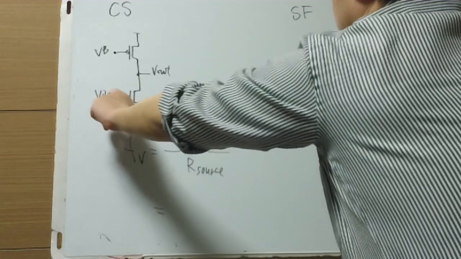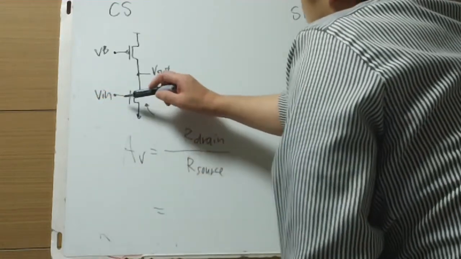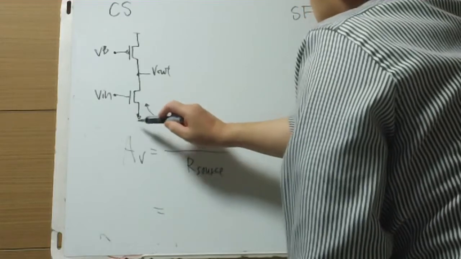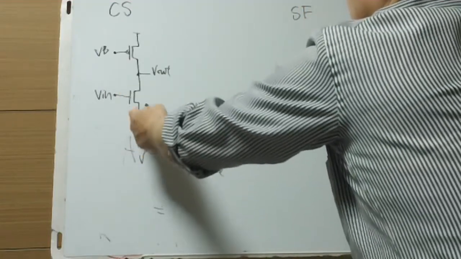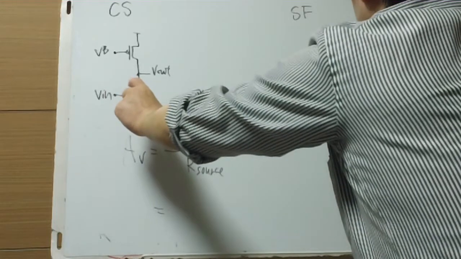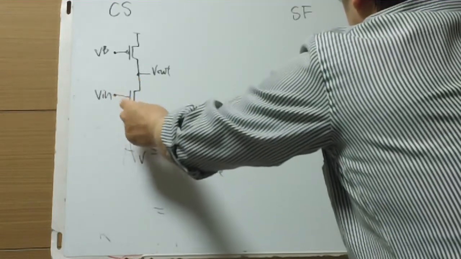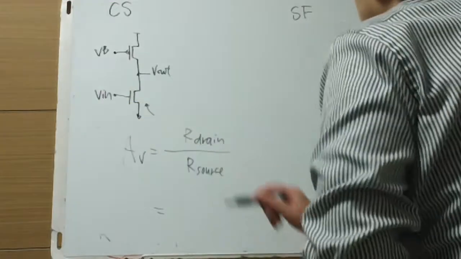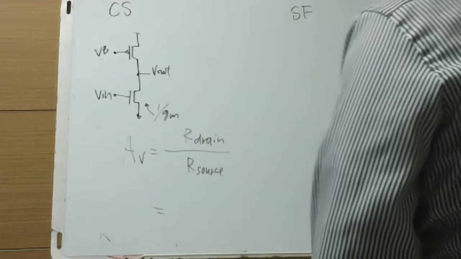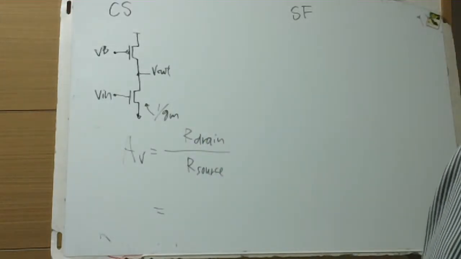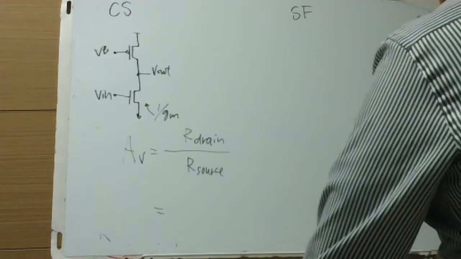Input is shorted, so the gate-source voltage is modulating, VGS, which means there is 1 over gm of resistance looking into the source.